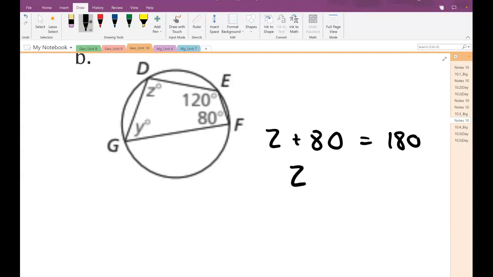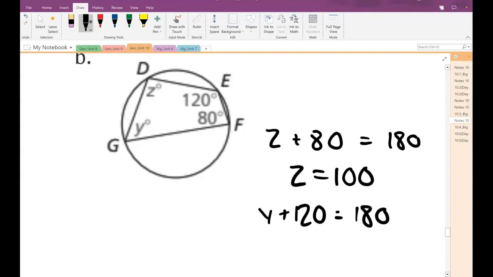We know Z is 100 degrees. And then Y plus 120 has to be supplementary as well. So that means Y has to be 60.